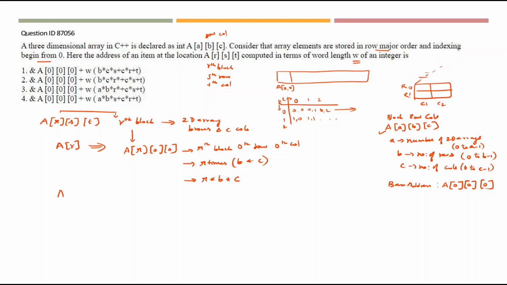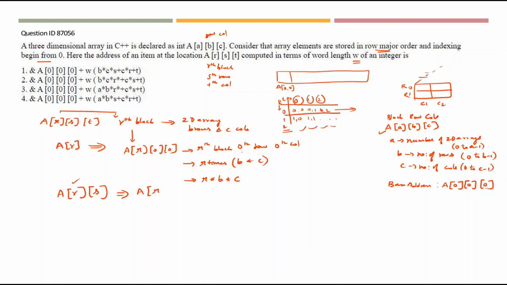Okay. Now I have to reach A[R][S] row. Now the block is selected, so there is nothing we can do with the block. Now it is the usual 2D format. If I want to go to the 5th row, I have to skip 4 rows. Say for example, if I include this row, it will also include the columns.